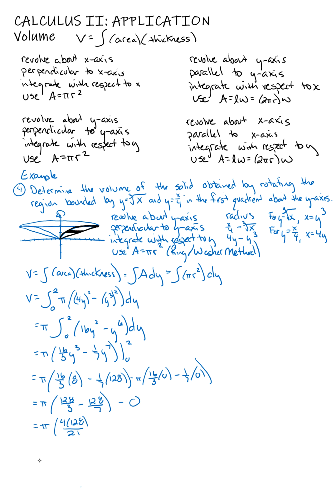There are several ways of going about this. Whatever arithmetic techniques you want to use, that's fine. Just going through it quickly so we can see, we should end up with 512 over 21 pi. There we go.